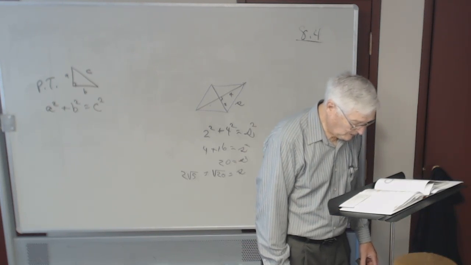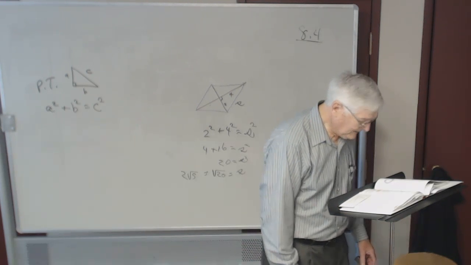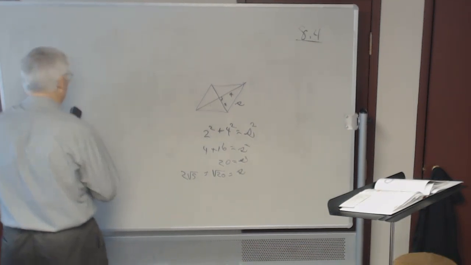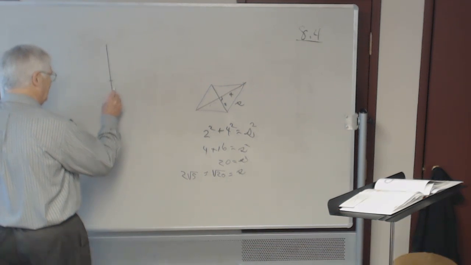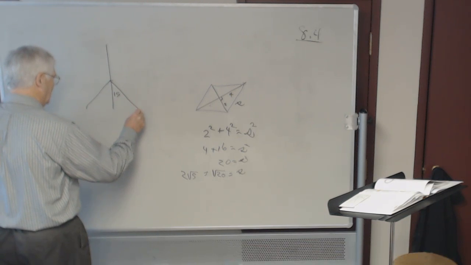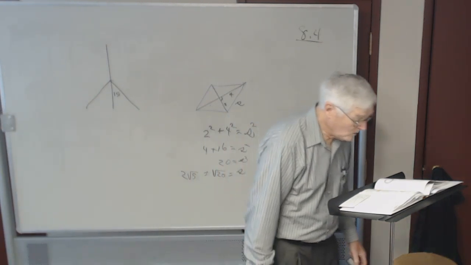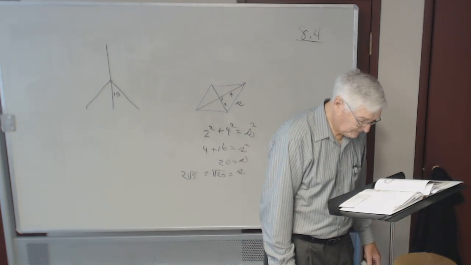Number 22. A telephone pole is supported by 2 cables attached to the pole 15 feet above the ground. So here's the telephone pole. And 15 feet up is a cable going down to the ground, eight feet from the foot of the pole.